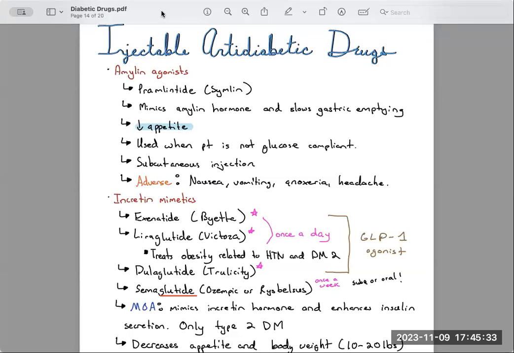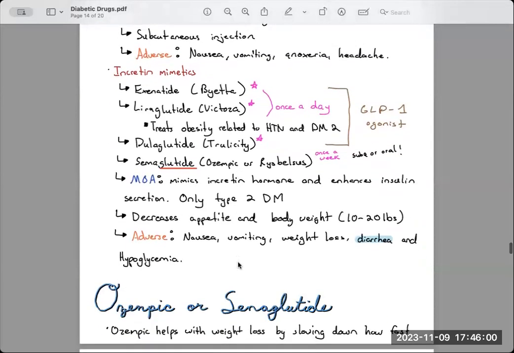We give these as a subcutaneous injection, 45 degrees, in those different locations that we spoke about. They decrease appetite, which helps lower the sugar, because if you have less of an appetite, you're not eating as much, and it's going to help with lowering those sugar levels. But things that it can cause are nausea, vomiting, anorexia, and headache. Remember, this is a GI working drug, so I expect GI-like adverse effects.